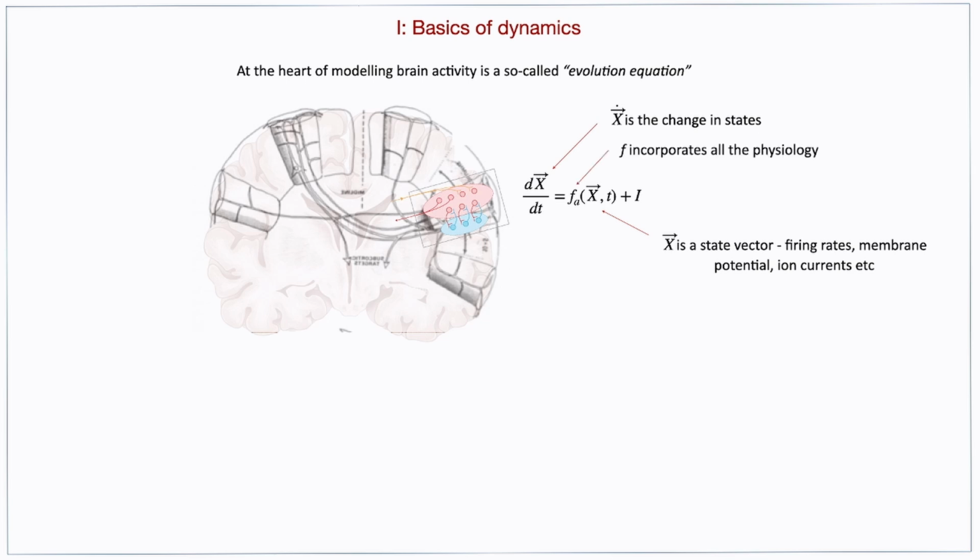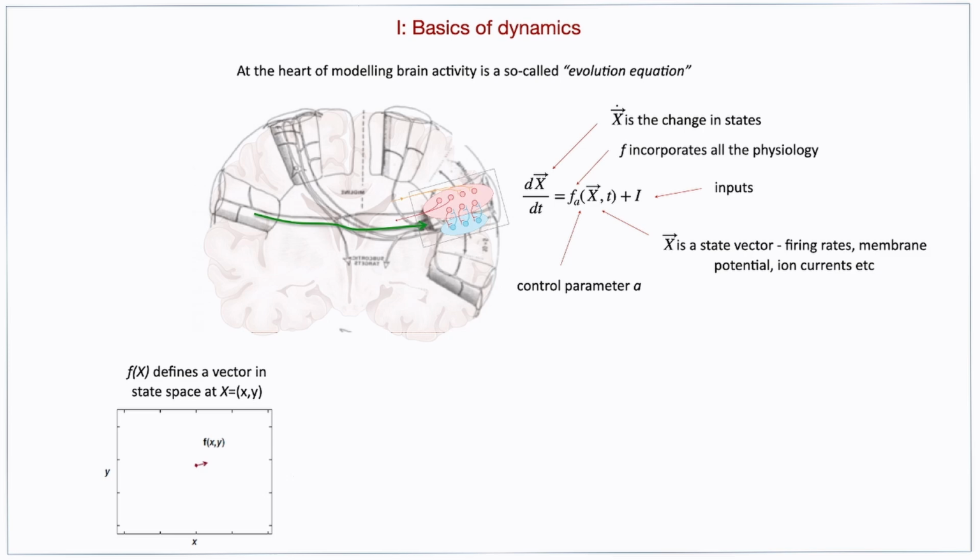F is all the physiology that you pack into this model with some parameter A, and then, as I've shown in these with the green streamlines, some inputs from other areas or external inputs. There's the control parameter. So it's F, as Vic discussed, that's an algebraic form. There's a geometric form.